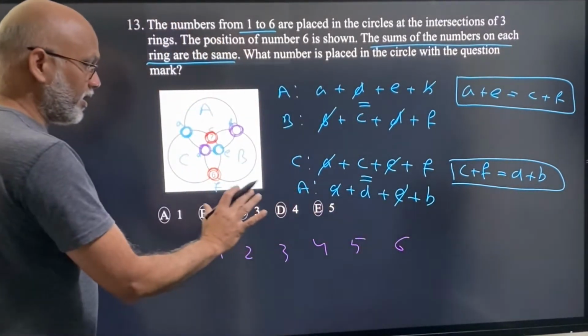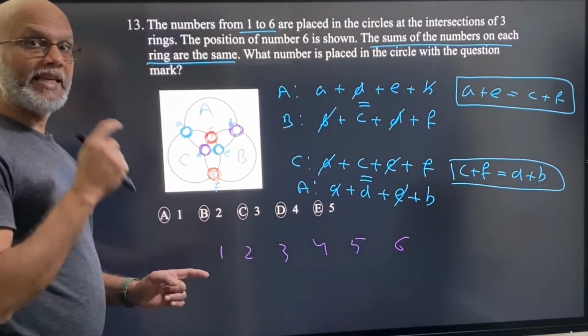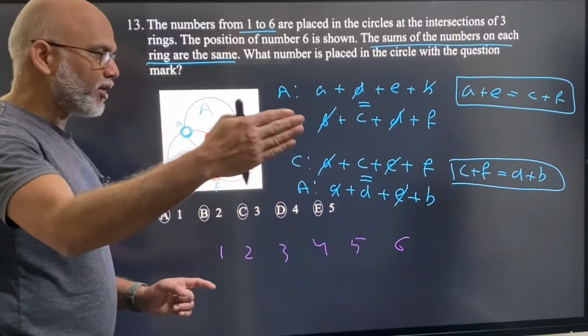I have to divide these into 3 pairs such that each pair adds up to the same.